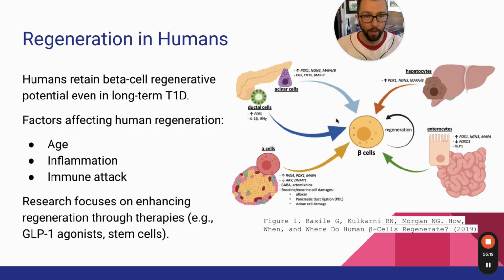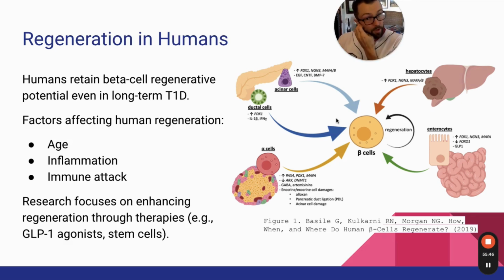The older you get, the slower that rate of regeneration gets. How much inflammation are you undergoing? What is the degree of the net negative immune impacts, right? So even if you are able to regenerate beta cells, if your immune system is knocking most of them down after they're regenerated, it doesn't do you any good.